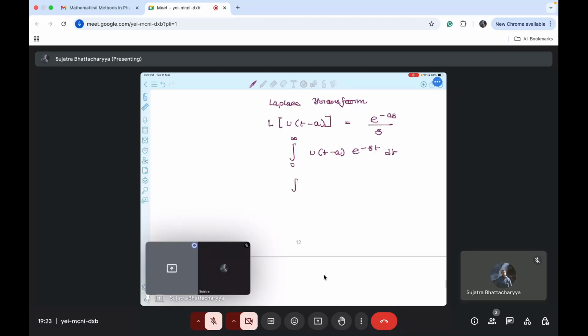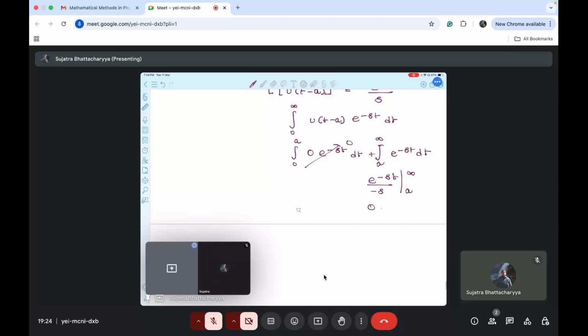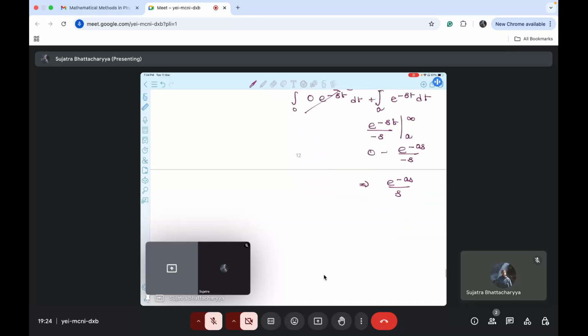So I know from 0 to a, this is nothing but 0. But from a to infinity, this is 1. So which integral should we follow? This is 0, so you don't need to follow it. This becomes e to the power minus st divided by minus s from a to infinity. At infinity, it will be 0, minus, and this becomes e to the power minus as divided by minus s. So this gives you e to the power minus as divided by s. That's all. This is how it has to be done.